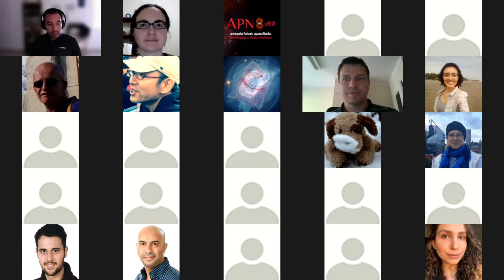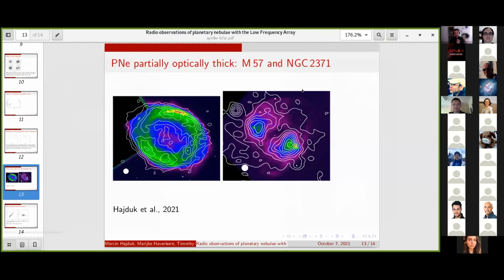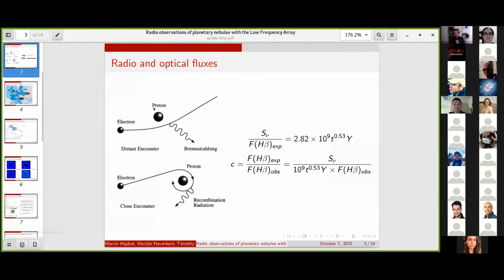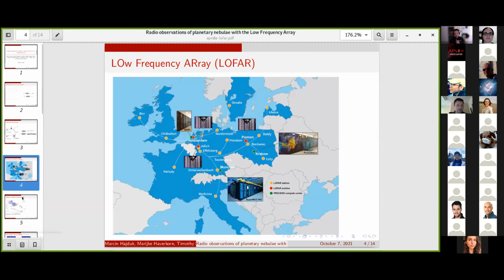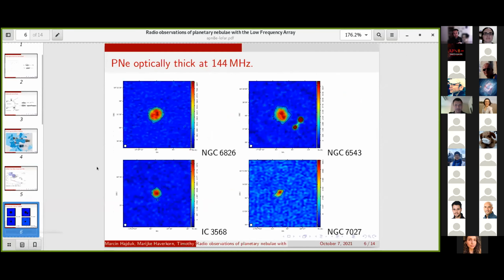Yeah, and Marcin, finally, I can also comment on this. When you show the images of your four objects, can you show that again? Okay. I was puzzled because, in particular for NGC 7027, it seems to be mapping the hot bubble, the X-ray emitting hot bubble. Joel can confirm this. So this goes in the same direction as Bruce was asking.